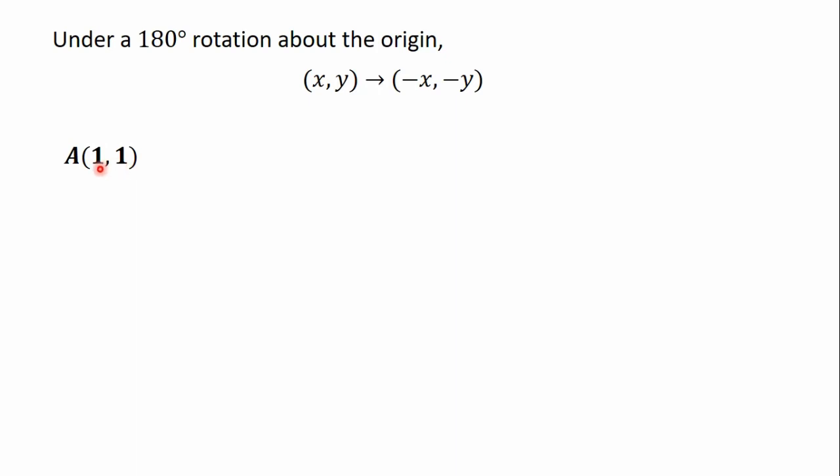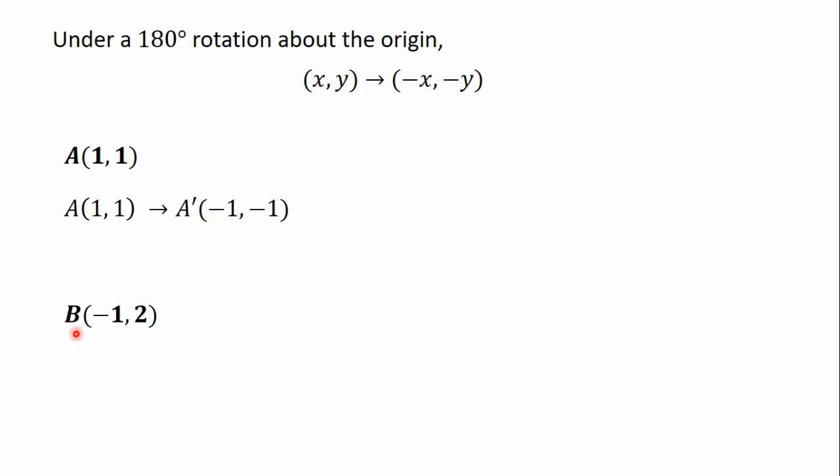So when we rotate point A with coordinates (1, 1), point A will give us A', which is the image of A, and it will have the coordinates (-1, -1). So to get the x coordinate of the image, we negate the x coordinate of the point, and to get the y coordinate of the image, we negate the y coordinate of the point. So point A (1, 1) will give us A' (-1, -1).